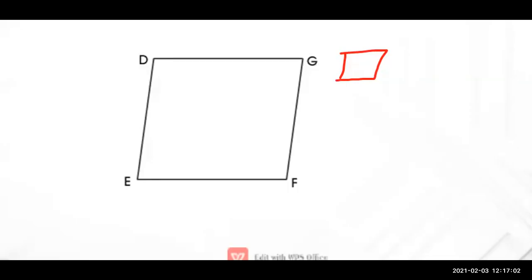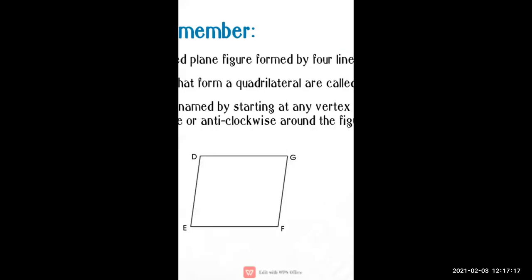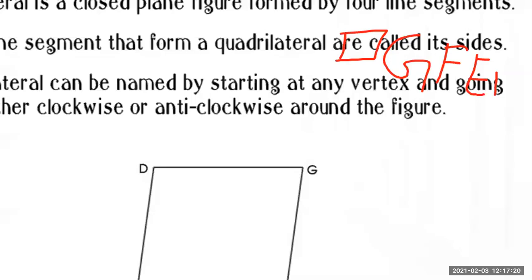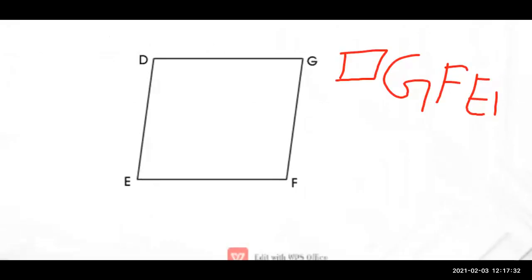We have to write quadrilateral G F E, wait a minute, D G F E D. This will be our first anti-clockwise quadrilateral name. Now what will be our second?